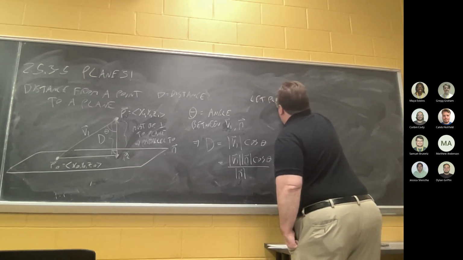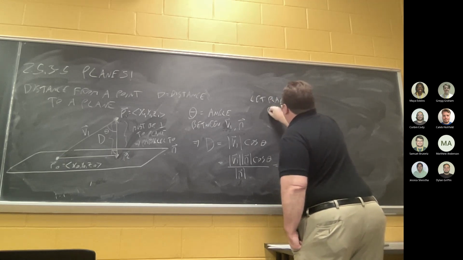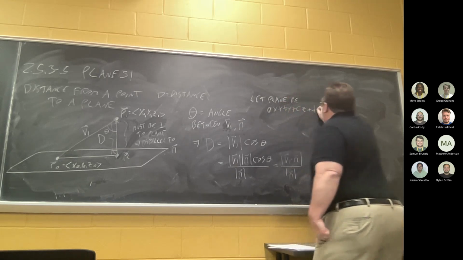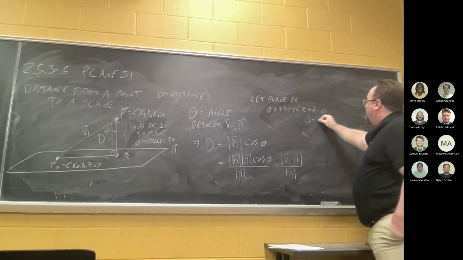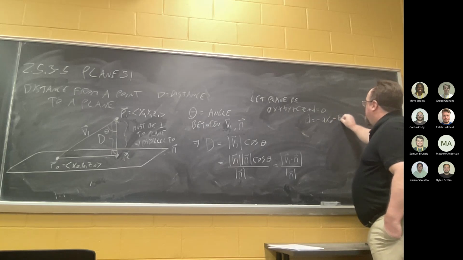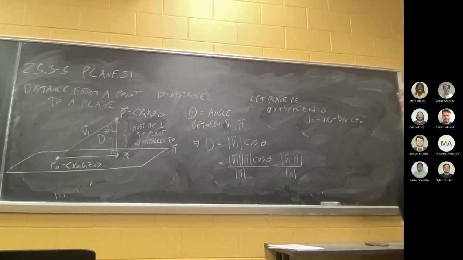Let's suppose a plane given by the generic equation AX plus BY plus CZ plus D is equal to 0. And I'll refresh your memory that D is equal to minus A X naught minus B Y naught minus C Z naught.